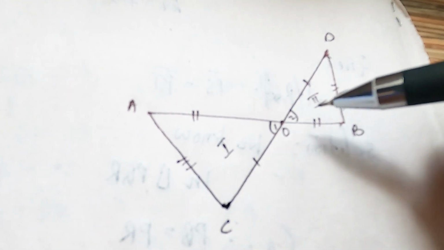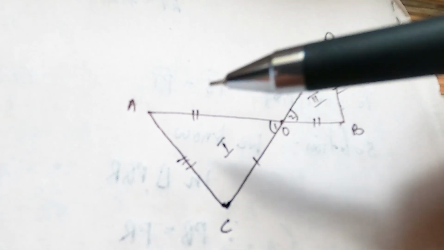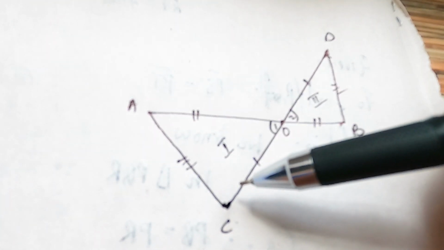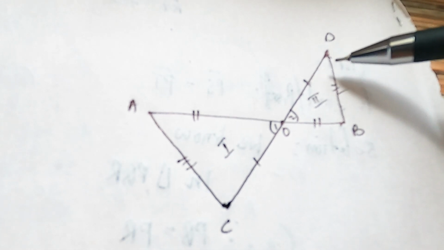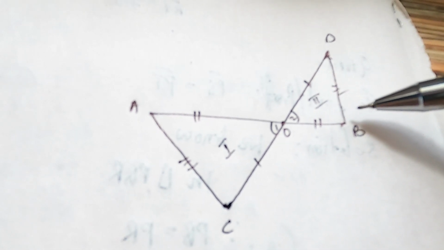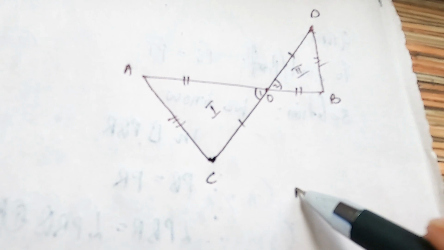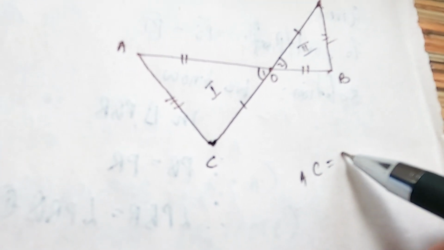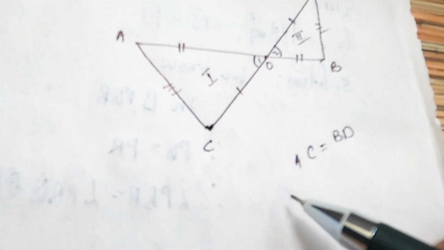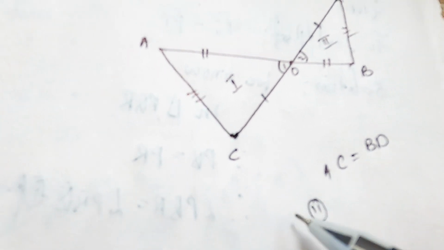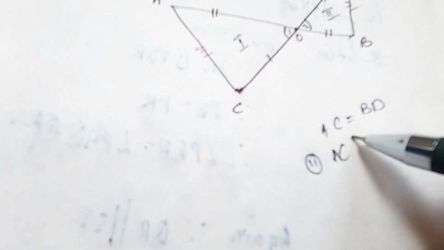So if they are congruent, it simply means that AC is equal to DB. All right, so that is the first part of the condition. We have proved that AC is equal to BD. Now for the second part of the condition, we have to show that AC is parallel to BD.